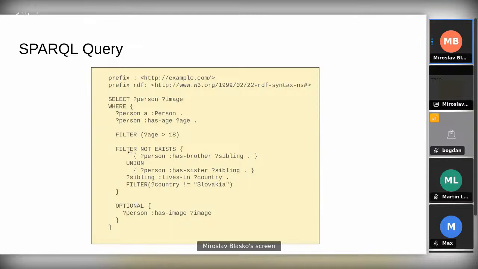And this person cannot have siblings from a country other than Slovakia, so cannot have siblings outside of Slovakia. We also retrieve the image of that person, but only as optional, so it might not exist and it might not be bound in the result of the query.